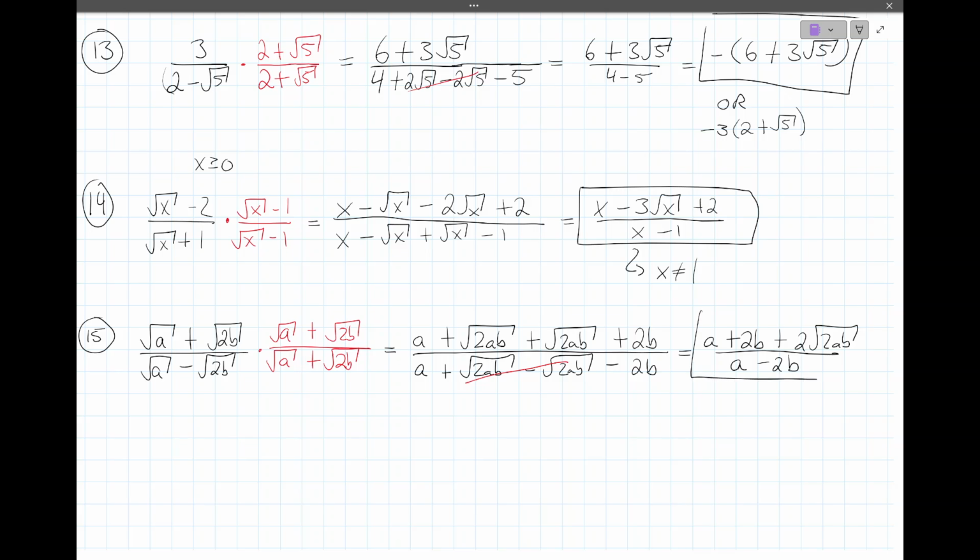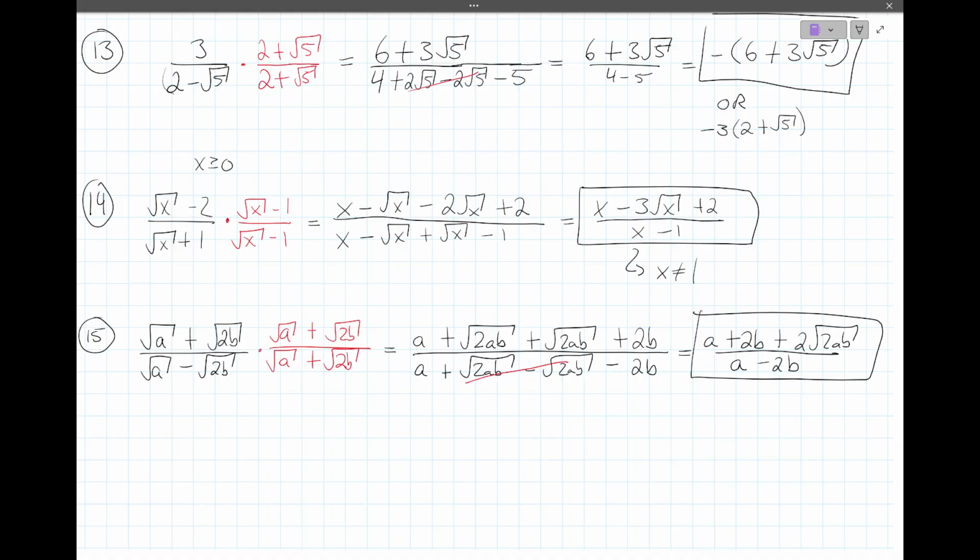So you're always going to have subtraction as the leftover thing instead of addition, right? So I'm going to get a plus root 2ab. That looks right. Right, that's fine. And then 2 root b plus 2 root b, I have two of them.